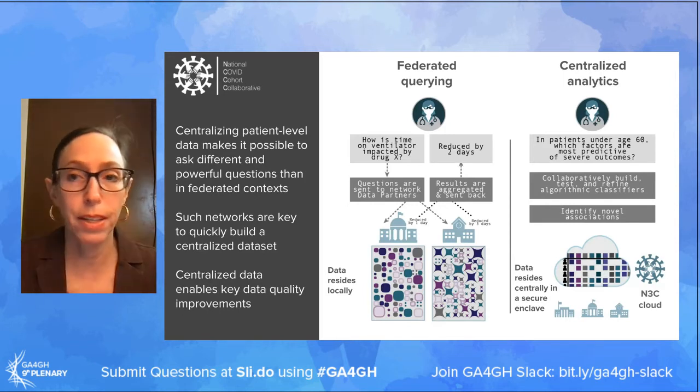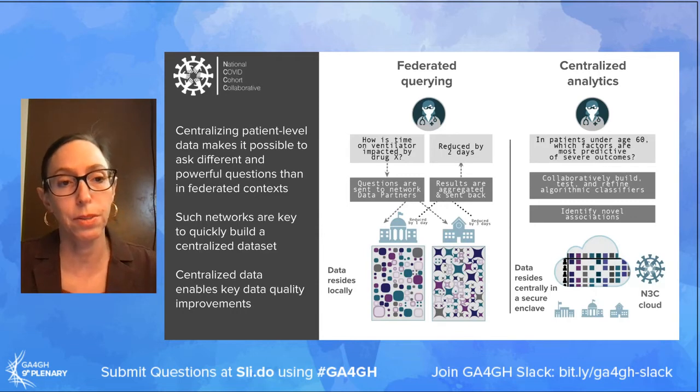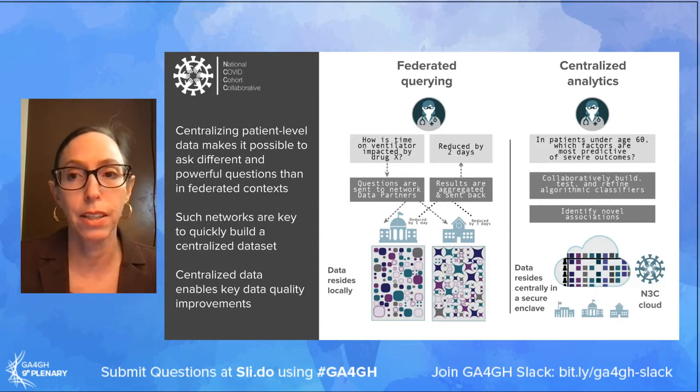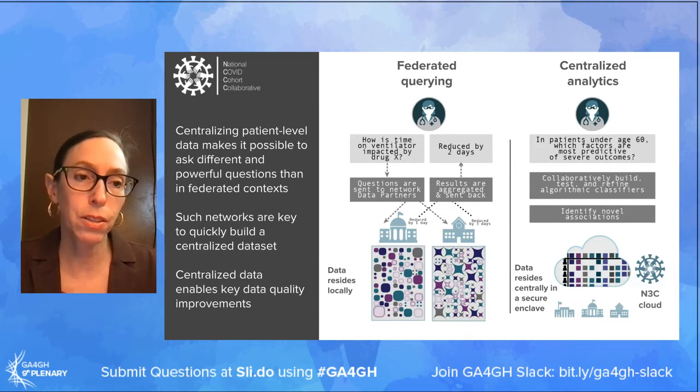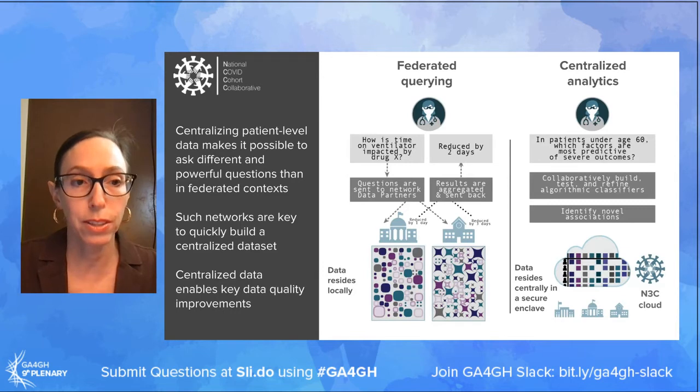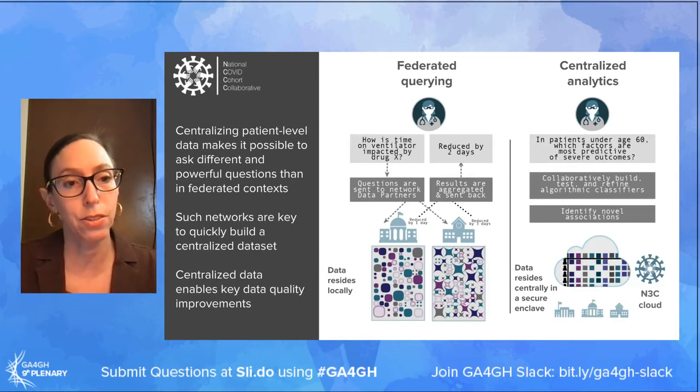And those are wonderful things. Without those, we here with N3C would not have been able to create N3C. However, there are certain kinds of questions you can ask in the context of having a massive amount of patient level data that you just can't ask in a distributed context.